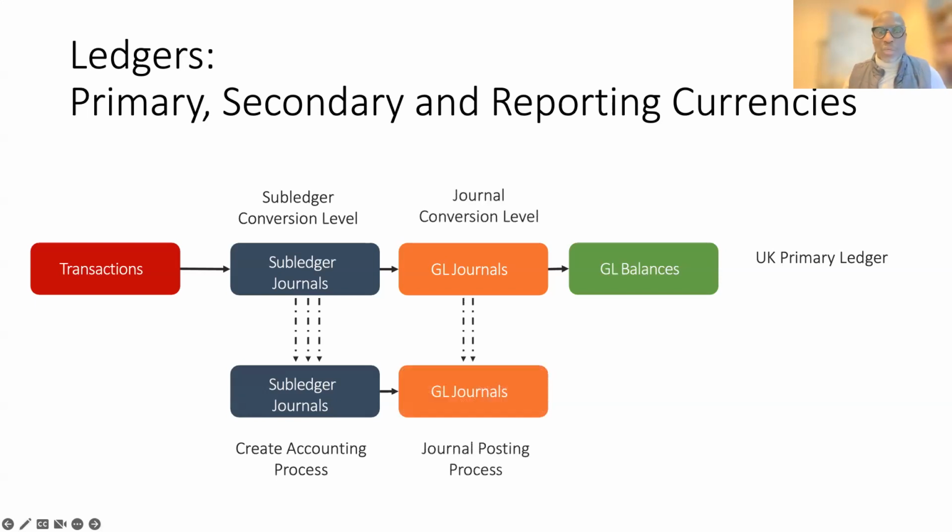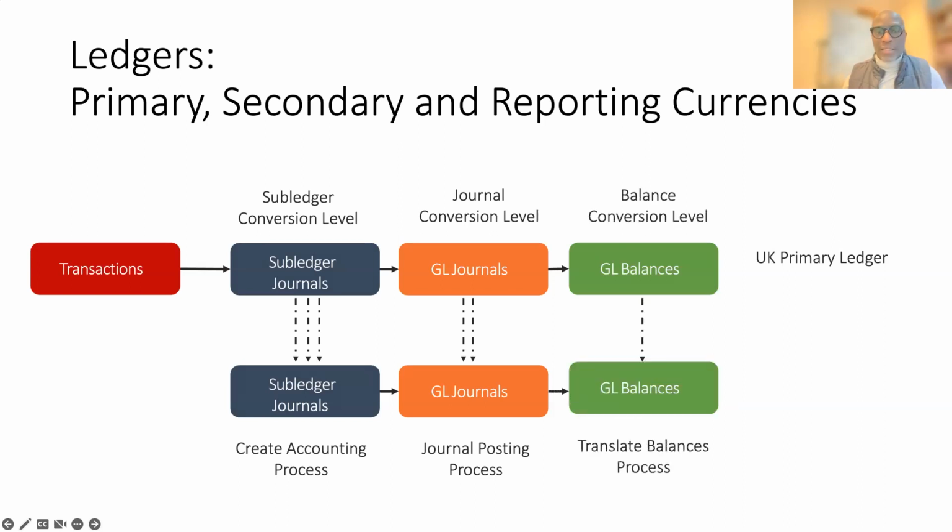You could decide that you want it to be at the journal posting process. So your conversion level of your transactions is at the journal posting level. And again, this could be for your detailed transactions, or maybe just summarized at journal levels.